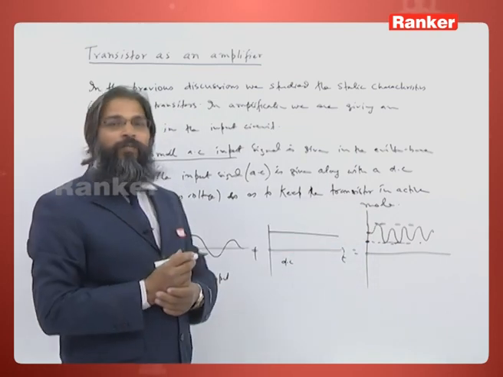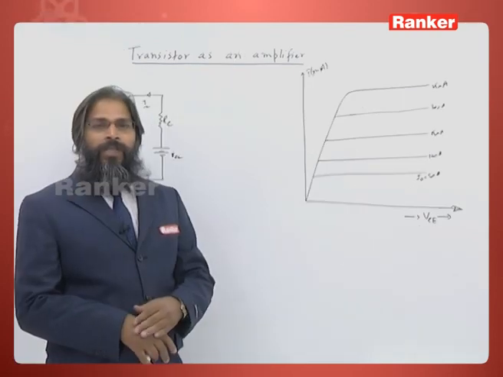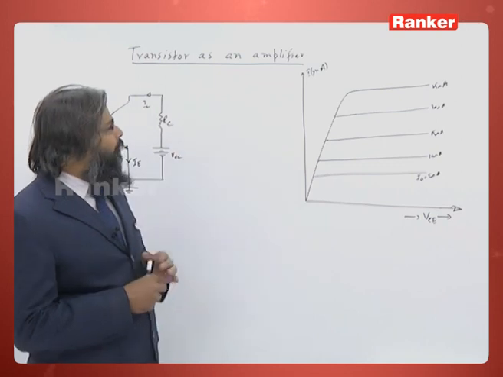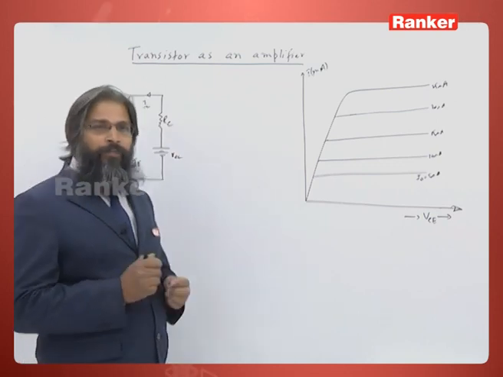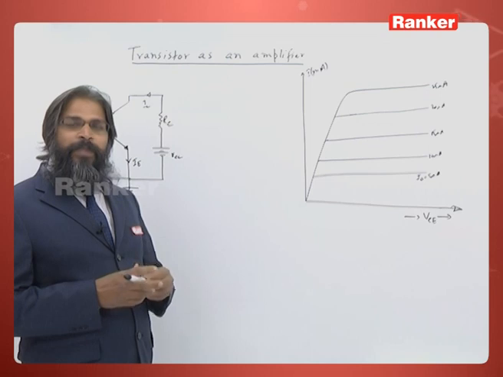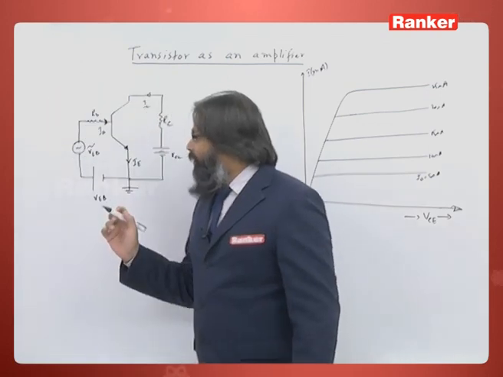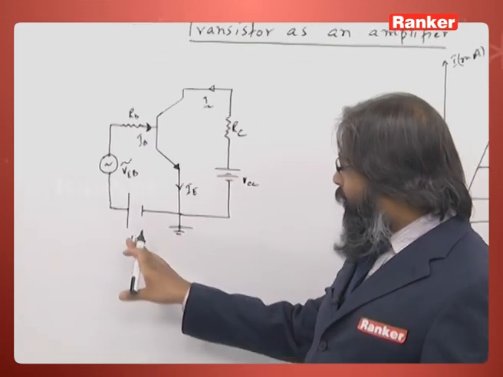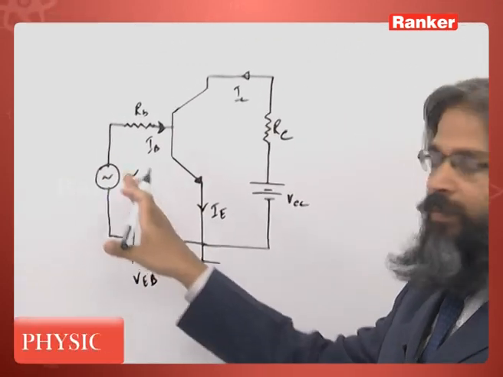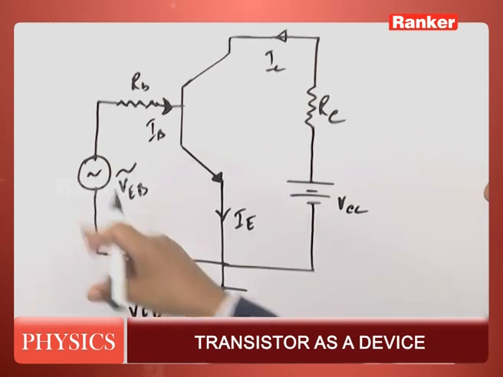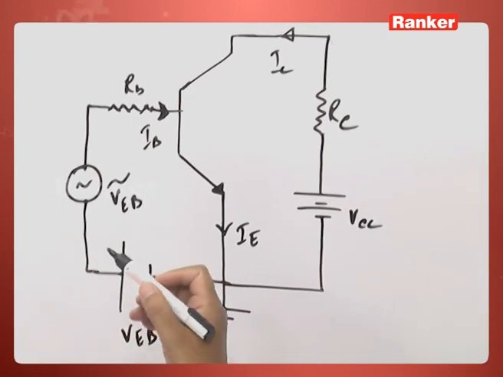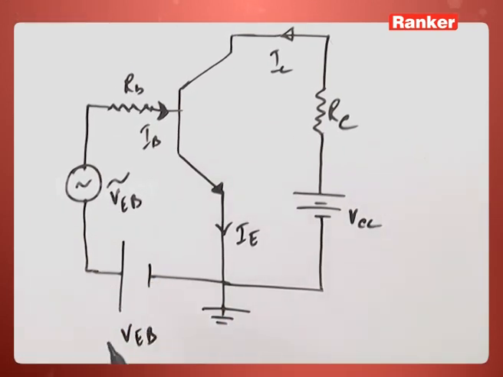Let us see how we can do this. Now let us see the working of a transistor as an amplifier. In the previous cases we just applied the DC input, but here in an amplifier my input signal may be alternating, so along with a DC bias there is an alternating signal.